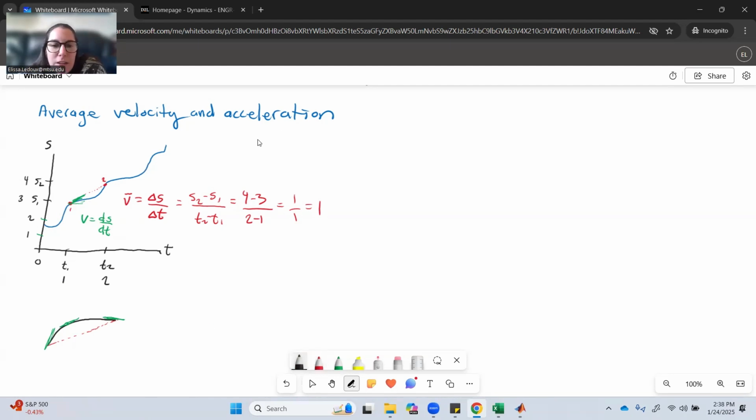So if we actually have an equation for S, let's say maybe there's an ant crawling on the ground, and the ant's position is S of T equals, maybe he's kind of squiggling around a little bit. S of T equals 3 cosine of T plus T meters.